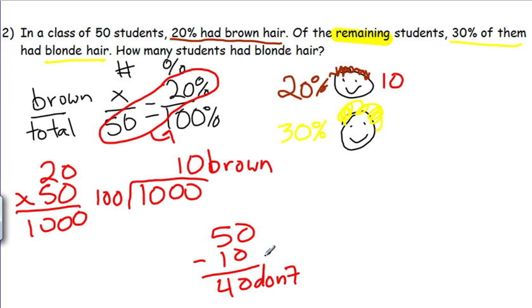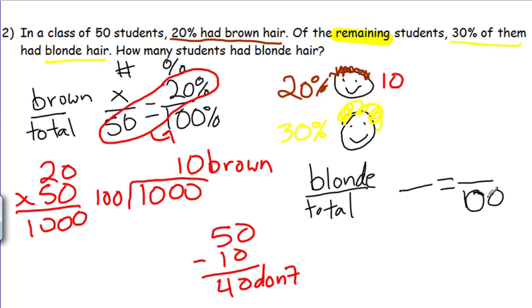So again, we can set up another proportion just like this, only instead of comparing brown to total, now we're looking at blonde. Blonde to the total. Okay, again, our proportion is going to look a lot like this. Still 100% on the bottom.